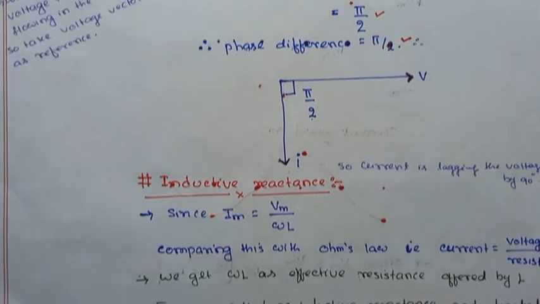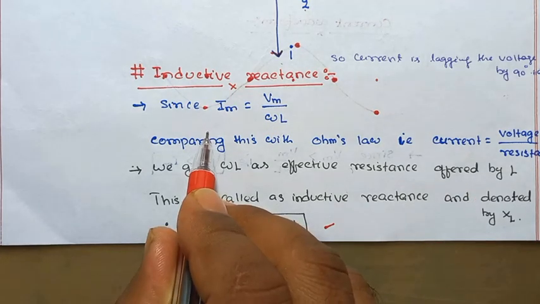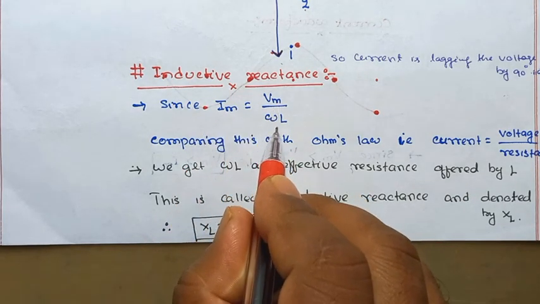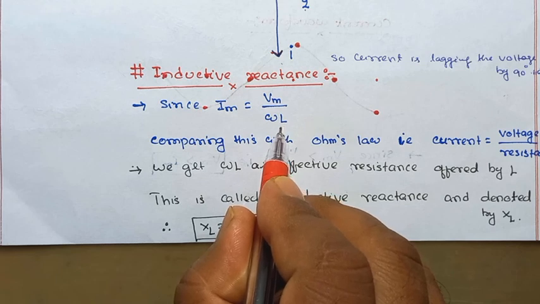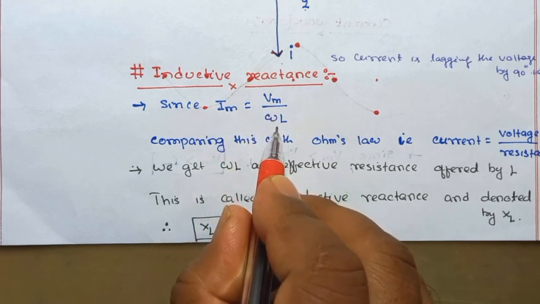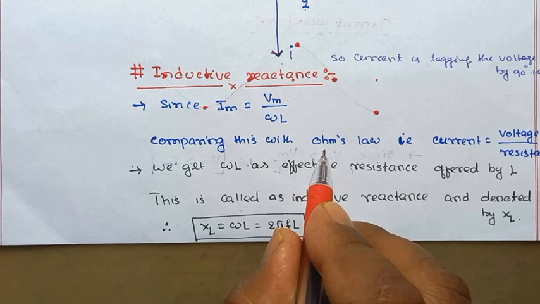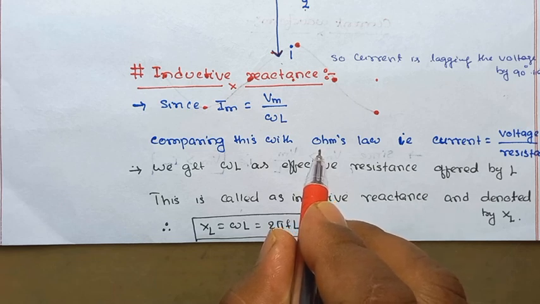Now, inductive reactance. Since we got the equation Im is equal to Vm by omega L, we compare this with Ohm's law equation. Ohm's law equation is current is equal to voltage by resistance.